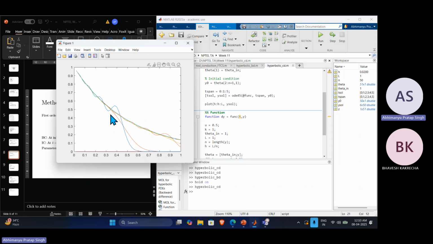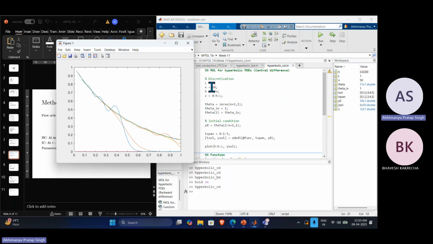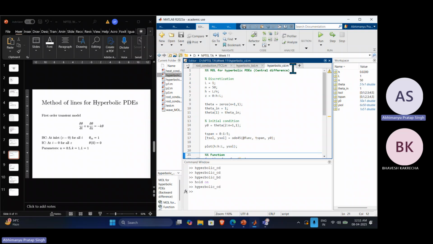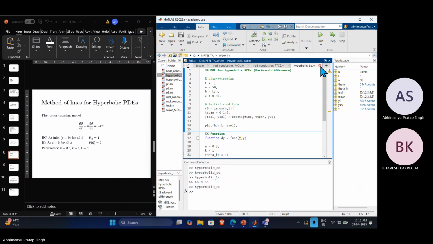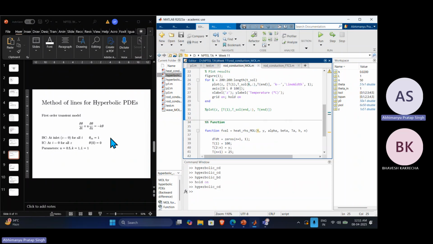For the same discretization, like for the same number of elements, n is equal to 50, the central difference is oscillating, whereas the backward difference gives us a stable and non-oscillating solution. Fine. So this is the method of lines for hyperbolic PDEs.